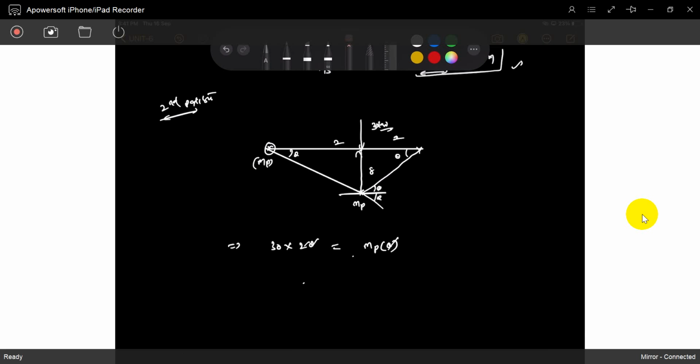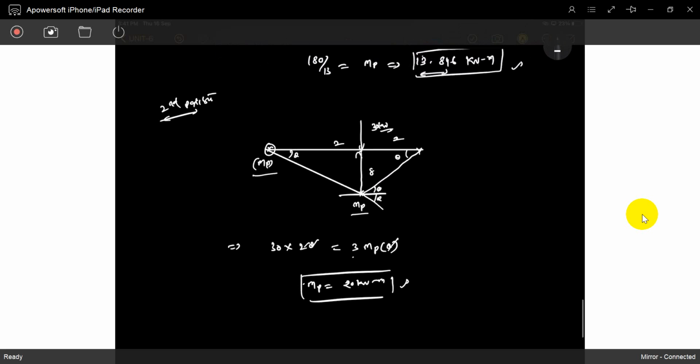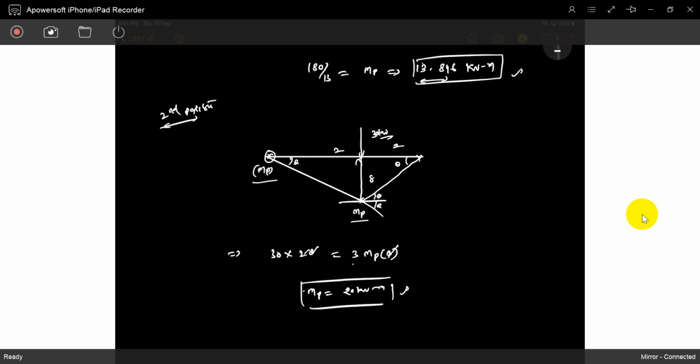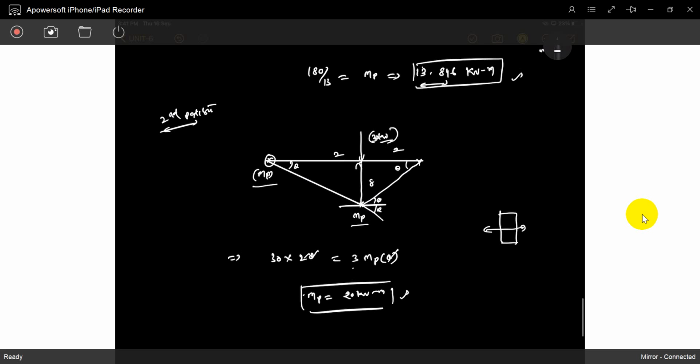So 1, 2, 3. So 3 cancels, it's 20. Now you can see, if the cross section is selected such that it has a capacity of 20, then only it sustains the given load of 30.